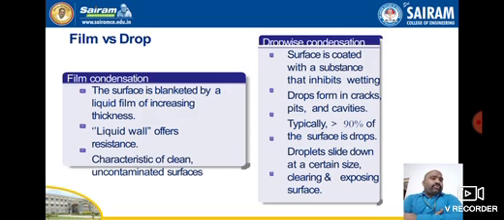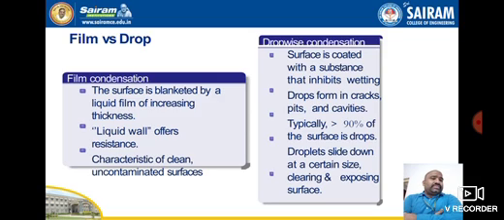The next one, dropwise condensation. The surface is coated with a substance that inhibits wetting, and drops form in cracks, pits and cavities. Typically it is greater than 90% of the cavities.